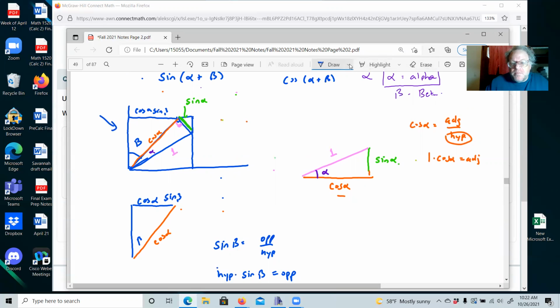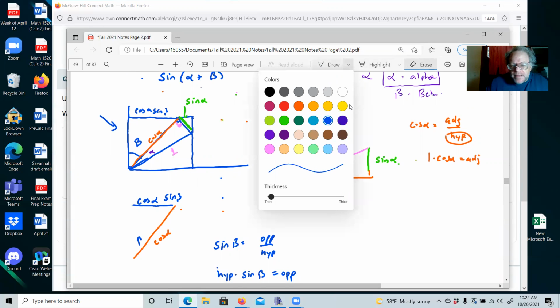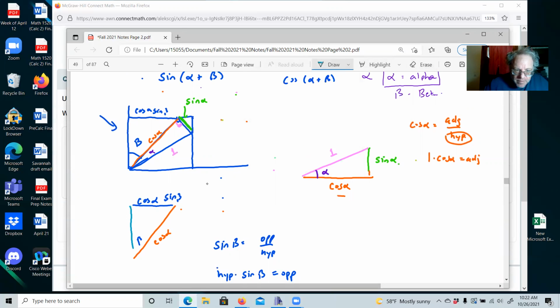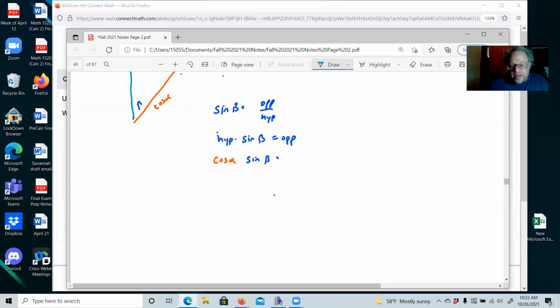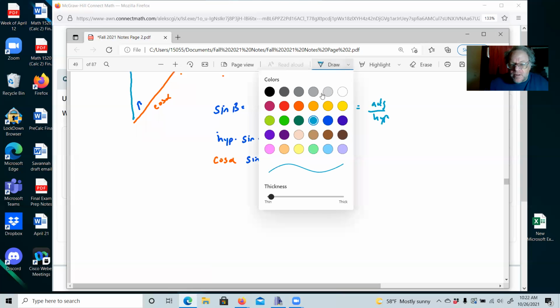We'll use a different blue. Let's erase that blue and replace it with this blue. Again, blue for beta. So the cosine of beta is equal to the adjacent over the hypotenuse. The hypotenuse was the cosine of alpha.